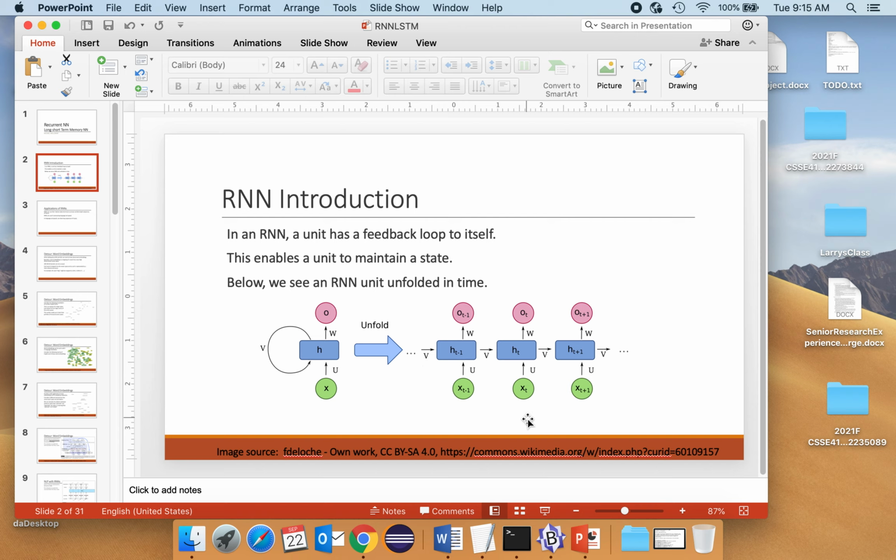Then at time t, we have an input over here, our input matrix U, output matrix W, and then the matrix V from the hidden states that potentially come from other units also. So that's the big idea. It's just a hidden state that we then maintain.